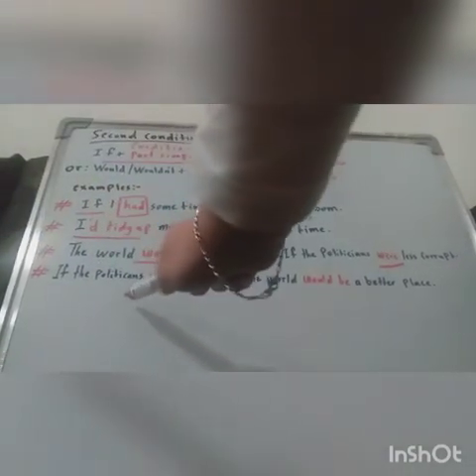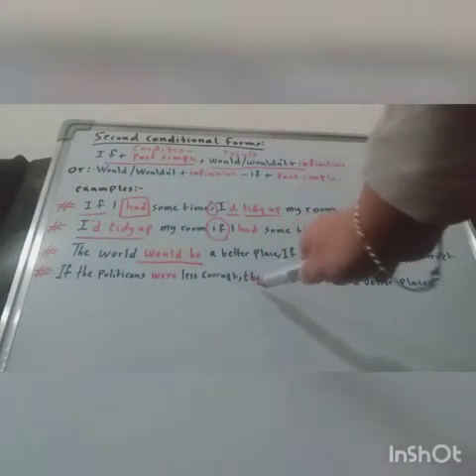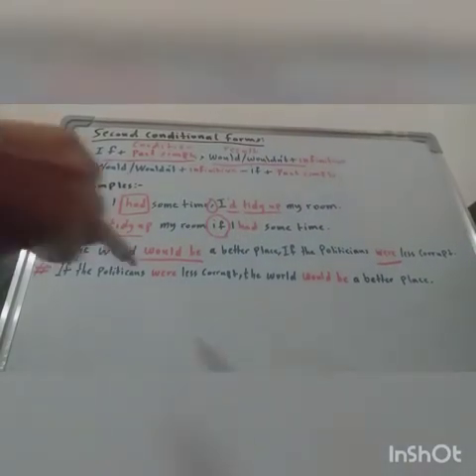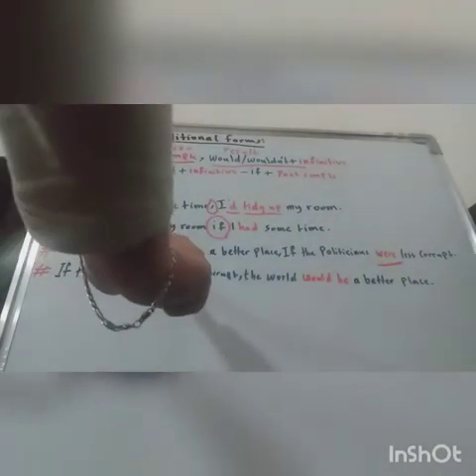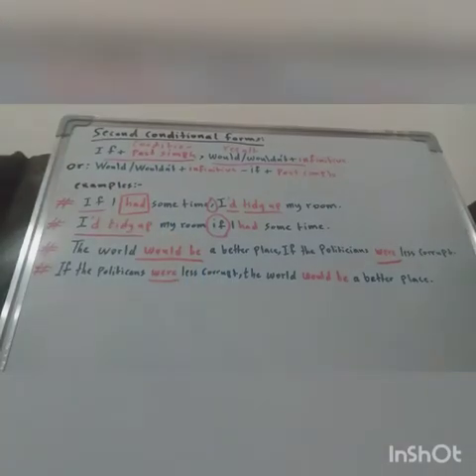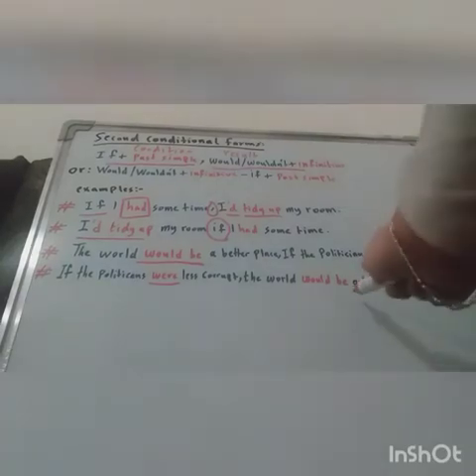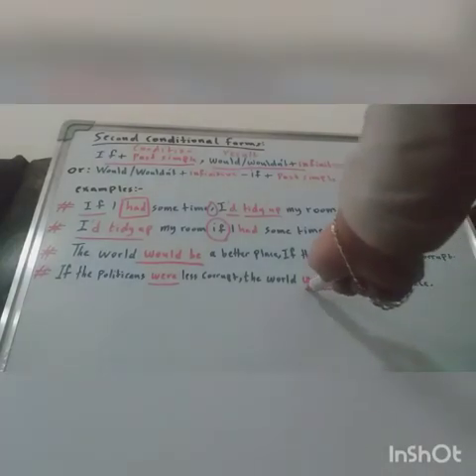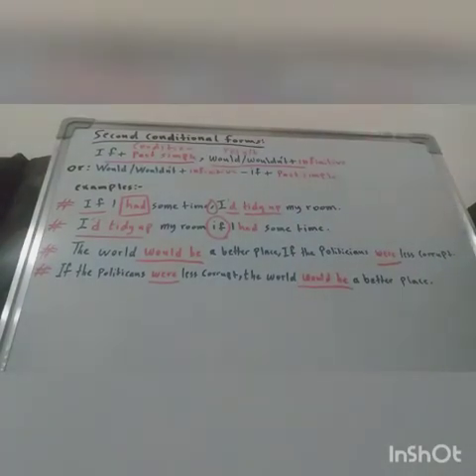If the politicians were less corrupt, the world would be a better place. This is the second order. Here I've used were, the past simple of the verb to be, and in the result clause would and the infinitive.